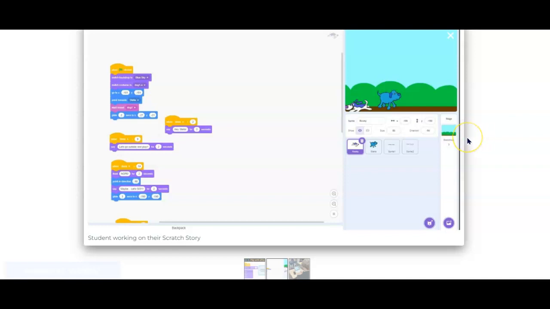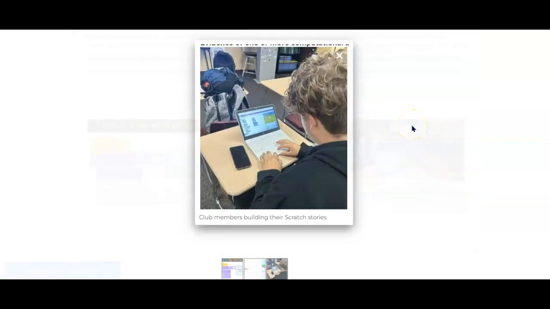Club members were encouraged to collaborate as well as provide constructive feedback throughout the process of creating their digital storytelling. The completed stories were then shared with peers and stakeholders for feedback.